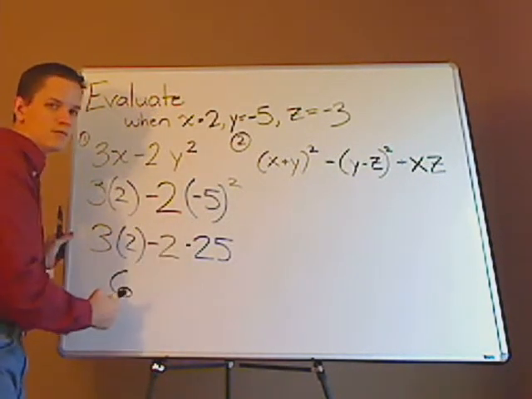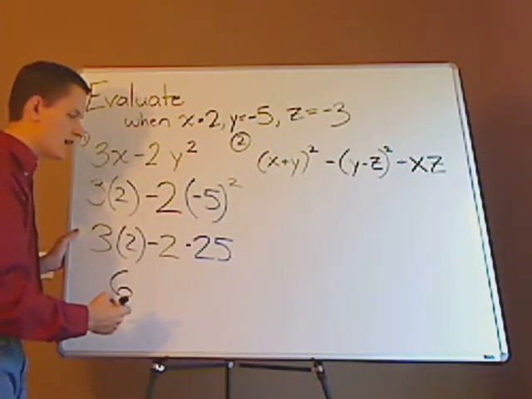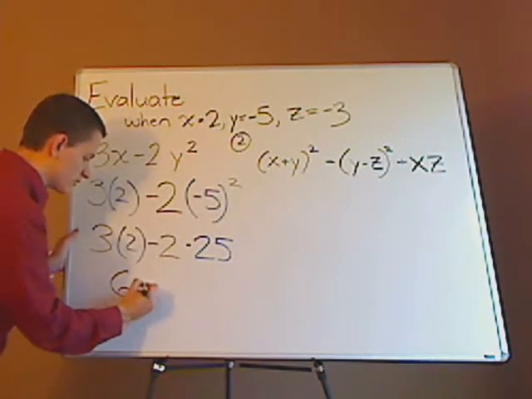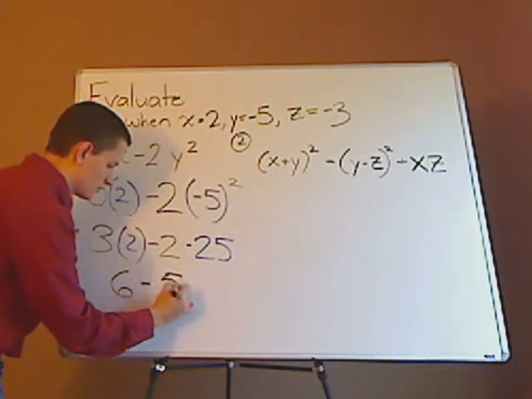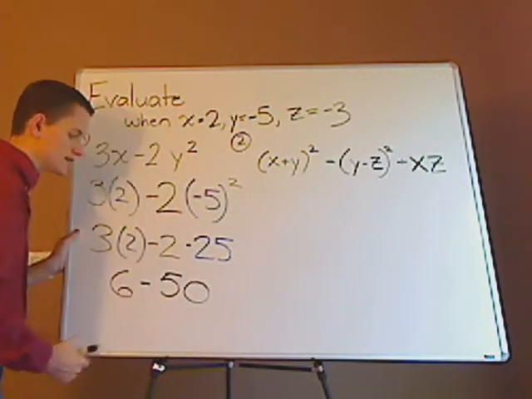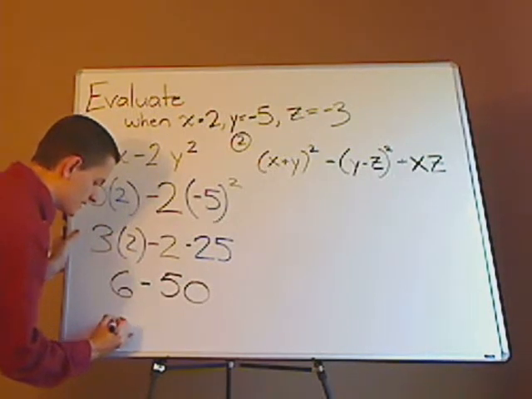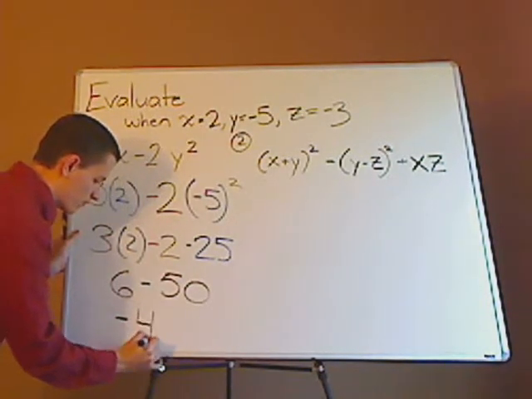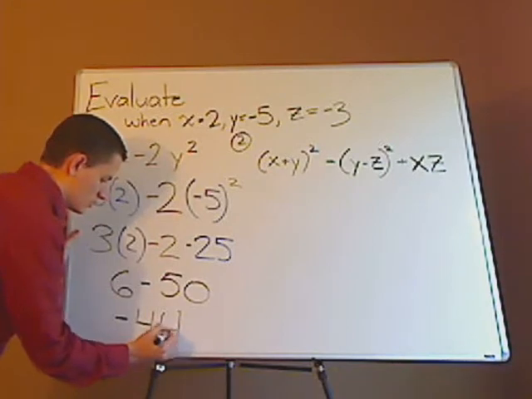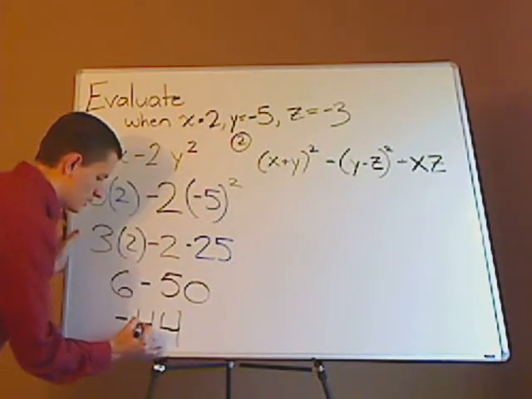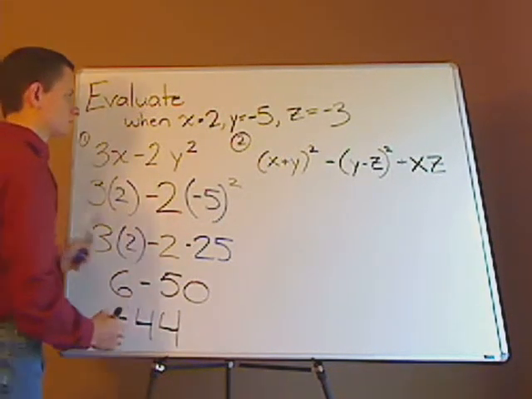And then what's 2 times 25? Right, it's 50. And I'll just bring down that negative sign. And what's 6 minus 50? Right, that's going to be -44. And be careful of those signs.